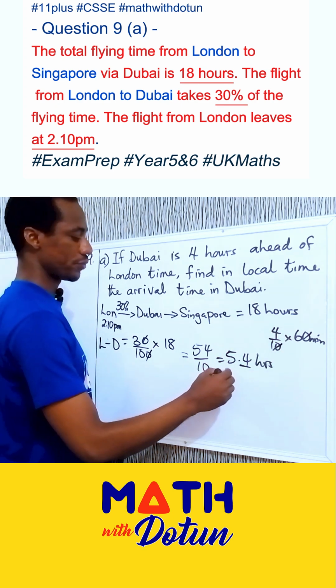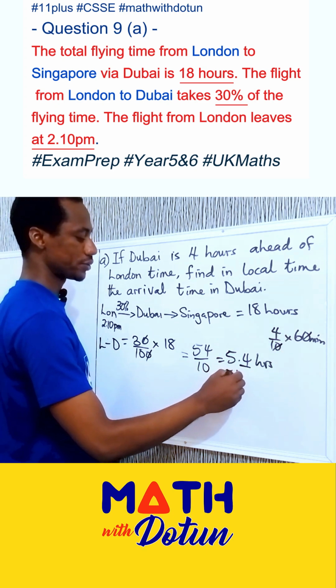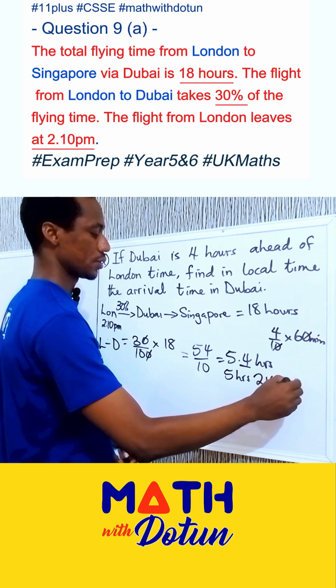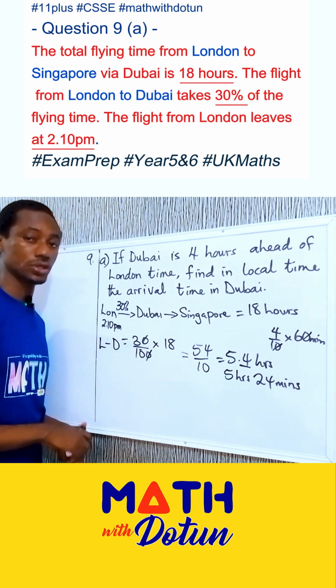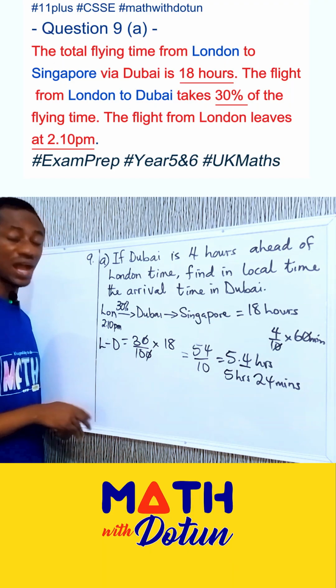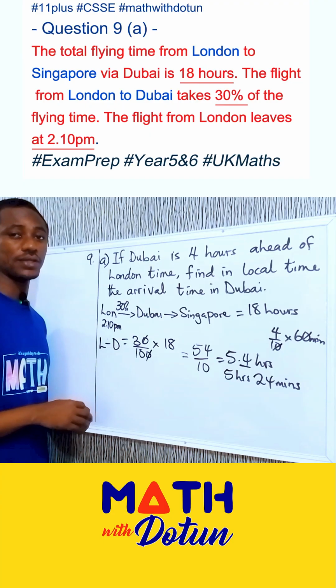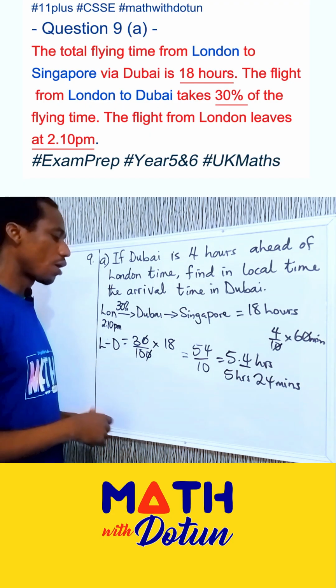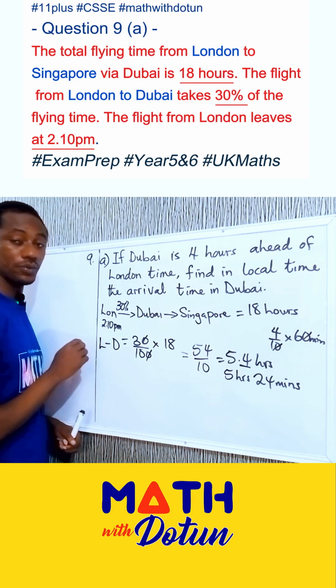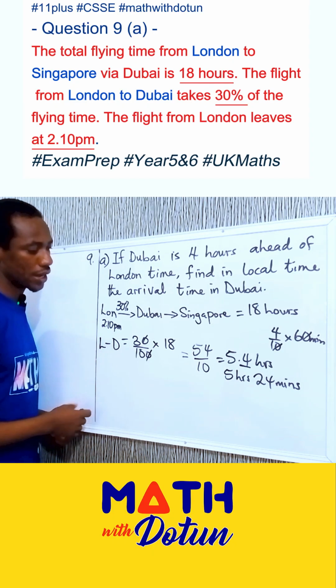So that would be 5 hours, 24 minutes. If you don't know how to convert from hours to minutes, please check our playlist on YouTube. So 5 hours, 24 minutes is the time spent from London to Dubai.